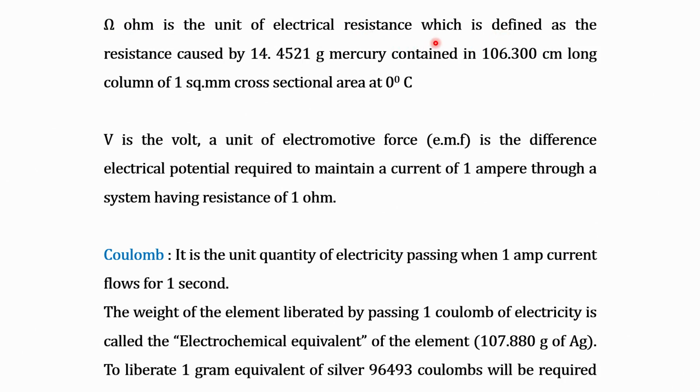I have given you the current designation as A, and ohm is the unit of electrical resistance, which is defined as the resistance caused by 14.4521 gram of mercury contained in a 106.300 centimeter long column of 1 square centimeter cross sectional area at 0 degree centigrade. This is also a sort of definition and very useful for day to day purposes.